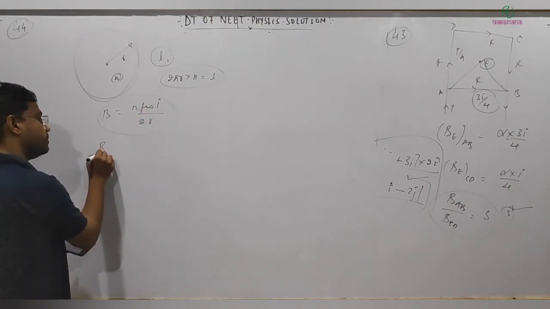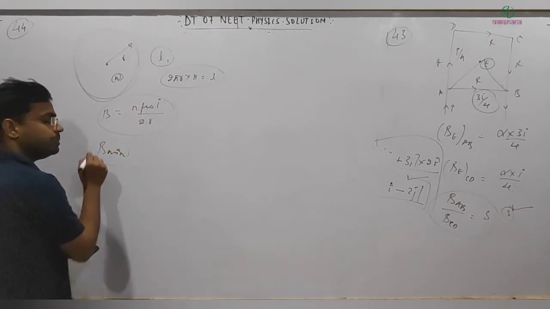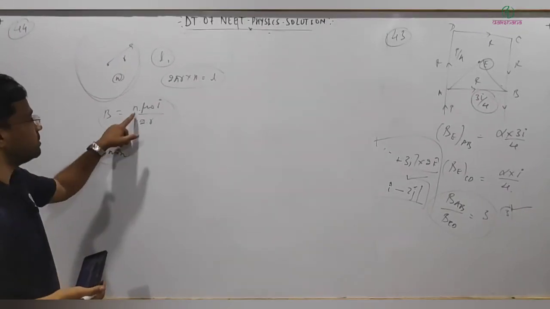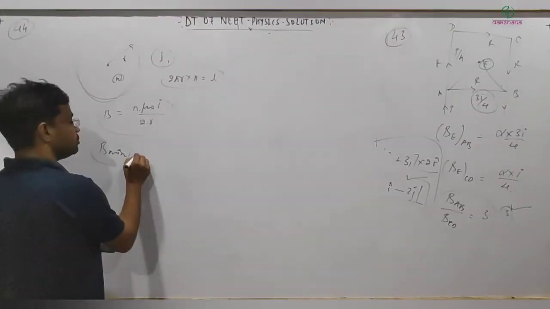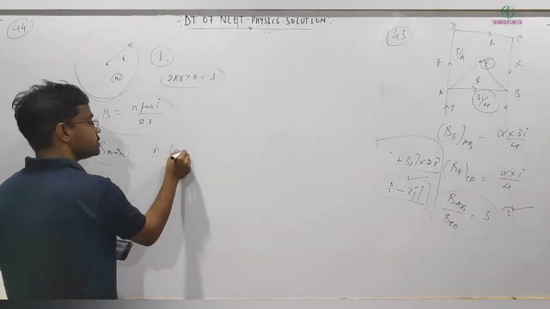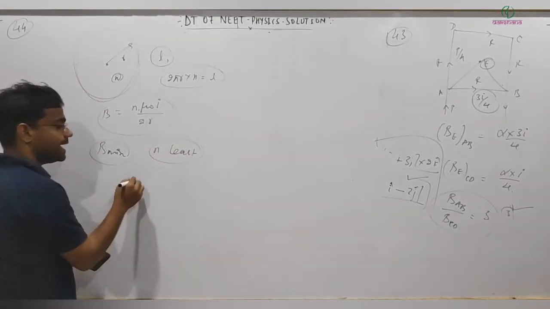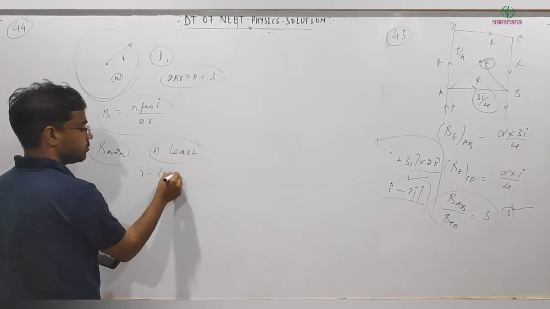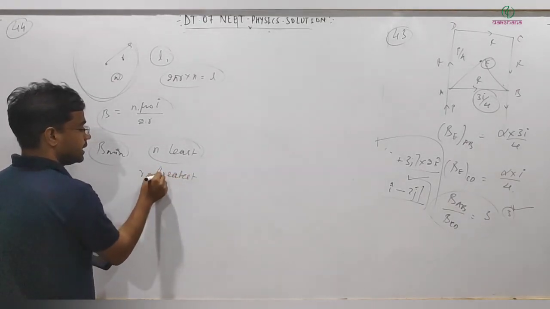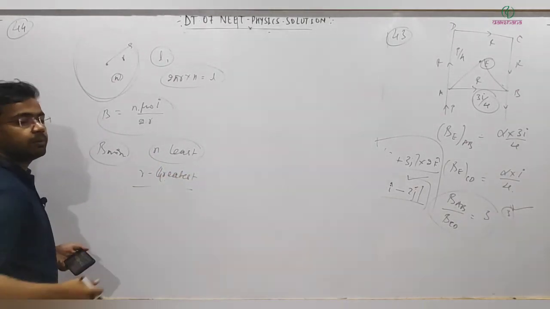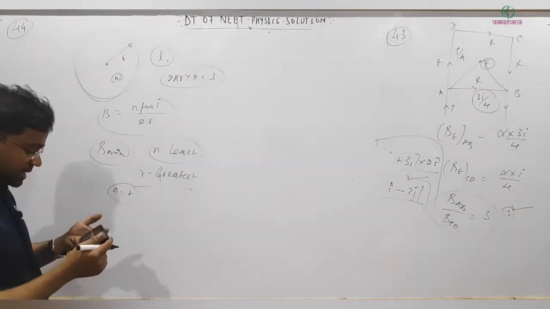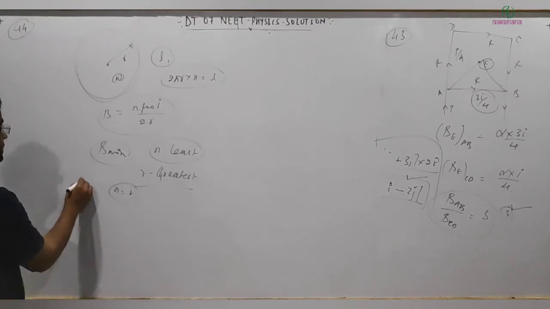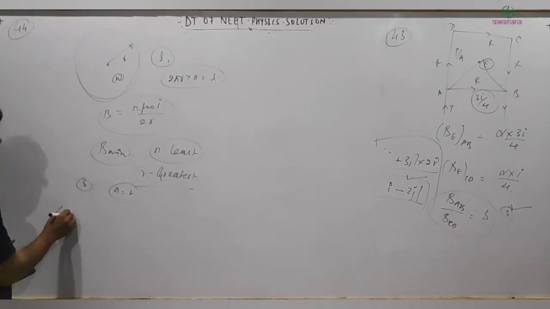Now it's talking about B minimum. B should be directly proportional to n and inversely proportional to R, so for B to be minimum, n should be least and R should be greatest. That's possible only when there is only one turn. So that matches with one turn, and the third option is the right option for question number 44.